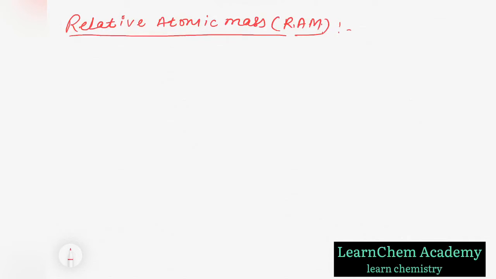So we can define relative atomic mass as the number which indicates how many times the mass of one atom of an element is heavier in comparison to 1/12th part of the mass of one atom of carbon 12. So we can write this definition here.